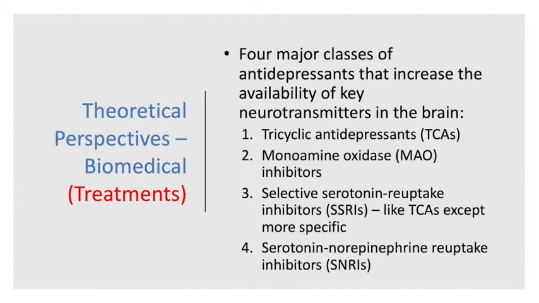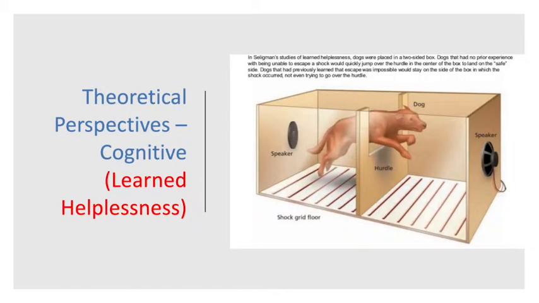This not only increases serotonin levels in the brain, but SNRIs also increase norepinephrine levels in the brain through the disruption of the reuptake process for both of these neurotransmitters. Again, we will talk about these mechanisms in more detail in the psychological treatments unit.